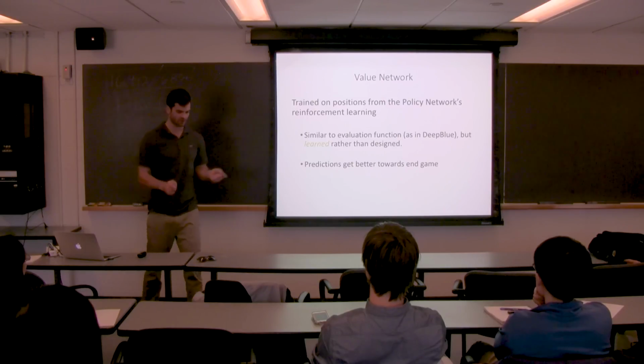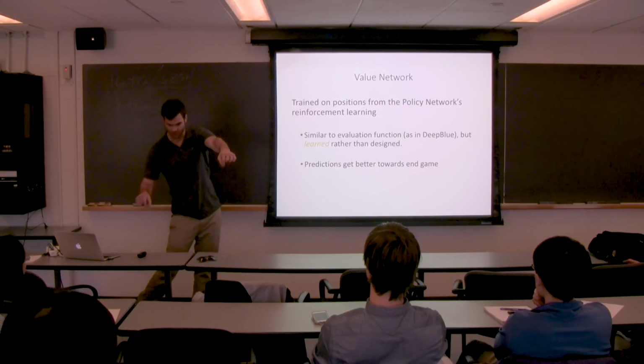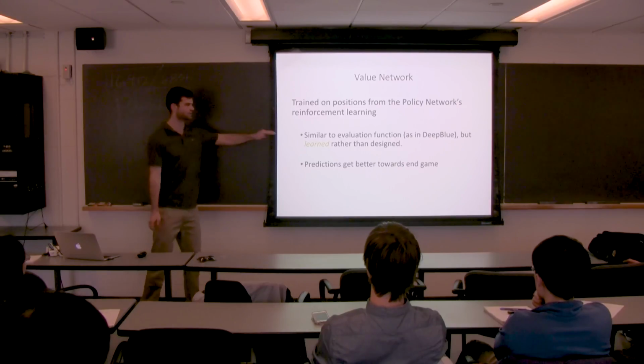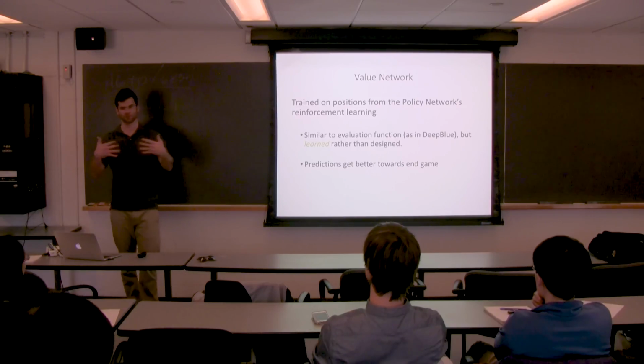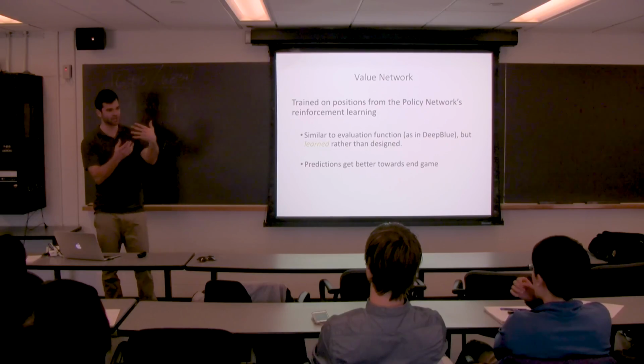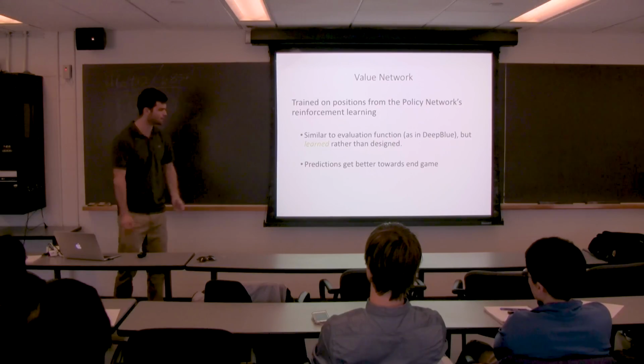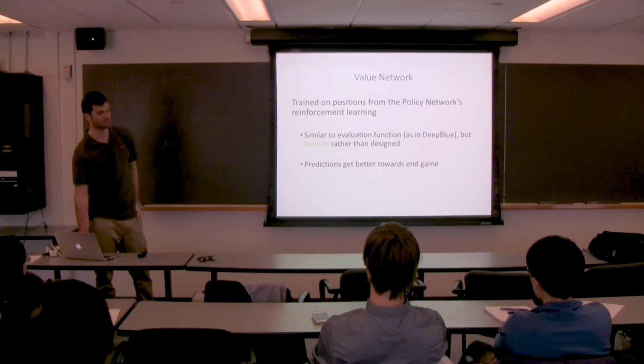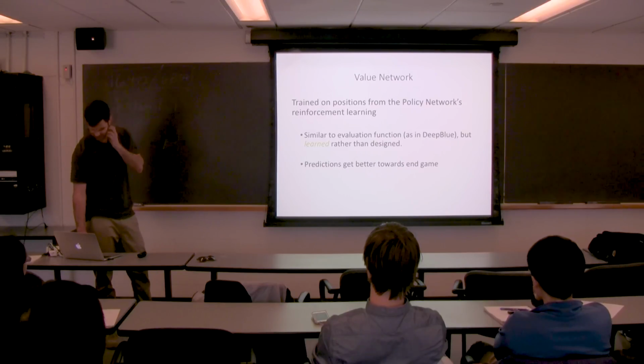Like in chess, they have chess masters, like if the knight is here and the queen is here, all these specific things. This was actually learned from the reinforcement learning that was happening when the policy networks were playing each other. The value network was learning about those positions during that time. And the predictions get better towards the end of the game, which I think Yo mentioned in his talking.